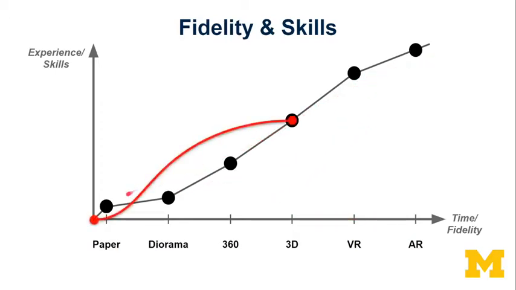And if you want to get from here to 3D, it is quite a jump, okay? So obviously along the way we could prototype using these other media, including 360, and I'll show examples of this throughout this lecture and also in other portions of the MOOC. But really what we want to focus on in this lecture is making this jump to 3D.